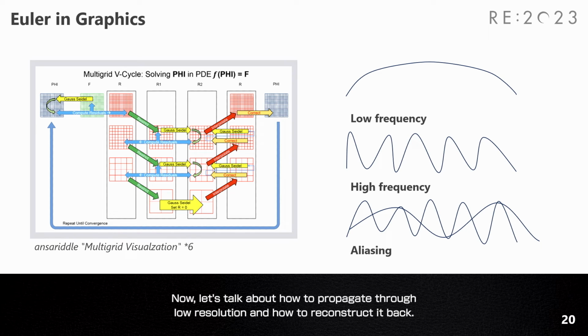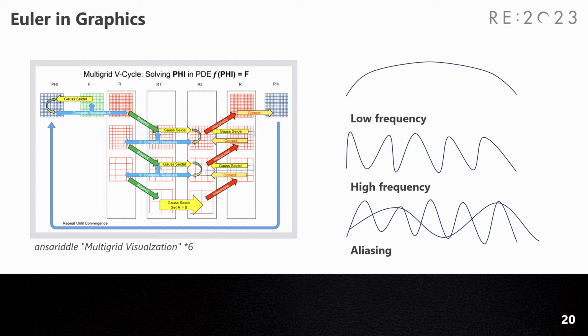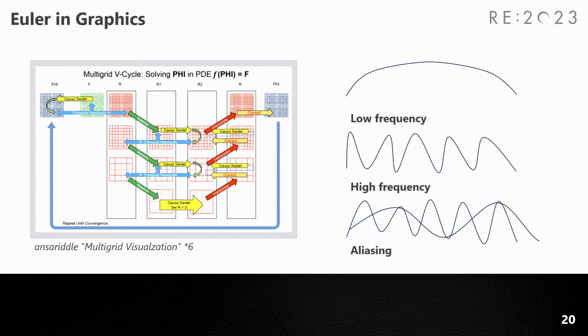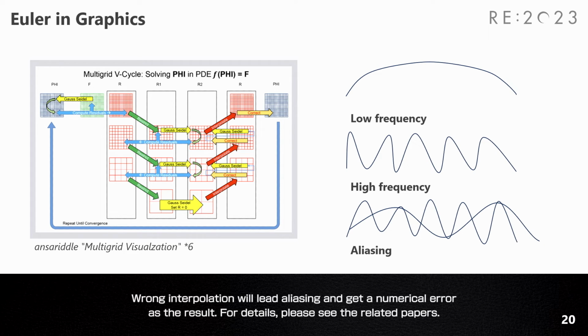Now, let's talk about how to propagate through low resolution and how to reconstruct it back. It's actually similar to a multigrid linear solving method. If the high-frequency geometry term is separated at first, the result could be better for reconstruction. Wrong interpolation will lead to aliasing and numerical error.